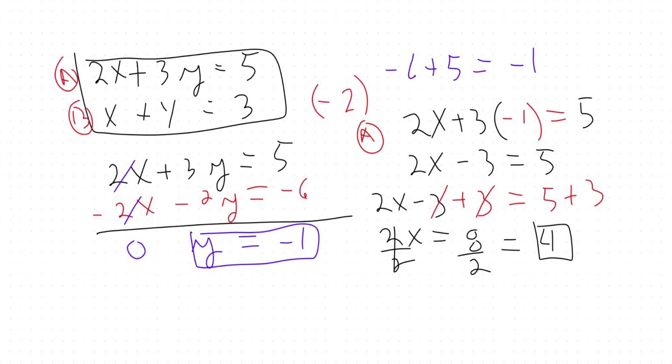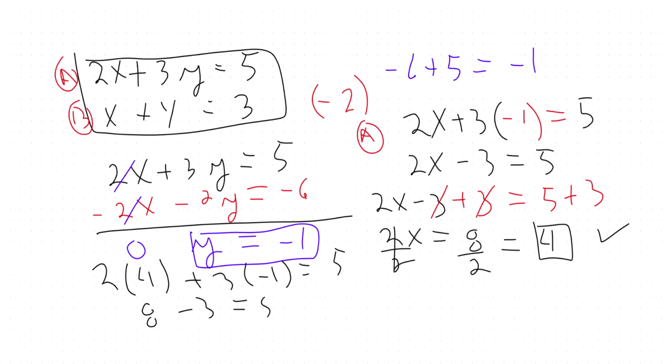Well, we can go to equation A, and instead of x, we plug in 4, because x is equal to 4, plus 3, and instead of y, minus 1, and that's going to be equal to 5, which has to be valid. So this is going to be 8, because 2 times 4 is 8, minus 3, and that's equal to 5. Okay, so that one checks.